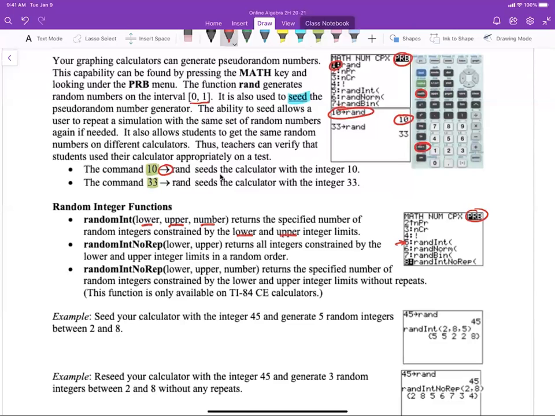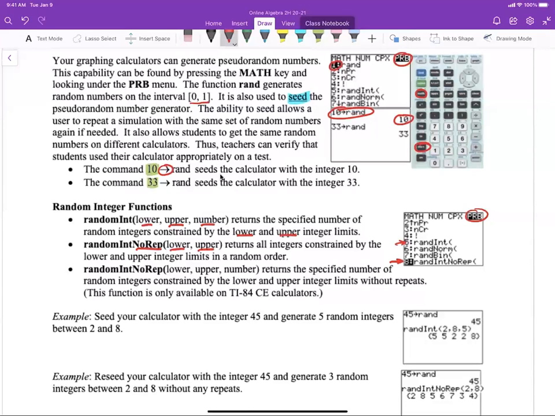So instead of maybe 0 to 1, maybe you want to go from 1 to 10. And how many numbers do you want it to generate? You could tell it, give me 3 numbers between 1 and 10 that are randomly selected, and so forth. Then we have randIntNoRep. So we could actually use number 8, where we will not allow it to repeat. And again, I can tell it a lower and upper.